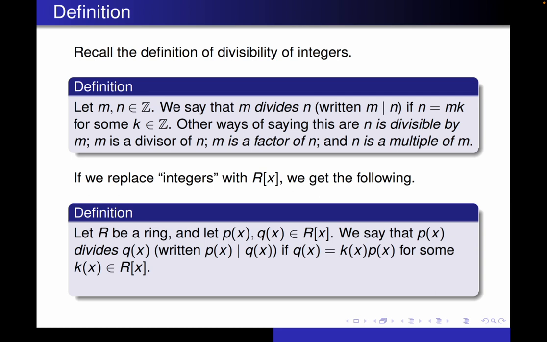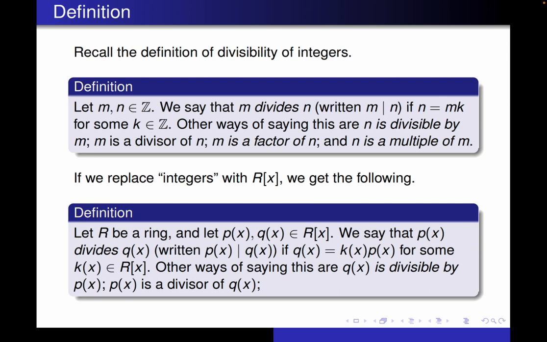Basically every time you see an integer in the definition of divisibility of integers, you replace it with a polynomial for divisibility in polynomials. There are other ways of saying this, similar to what we did for integers. q(x) is divisible by p(x). p(x) is a divisor of q(x). p(x) is a factor of q(x). Things like that.